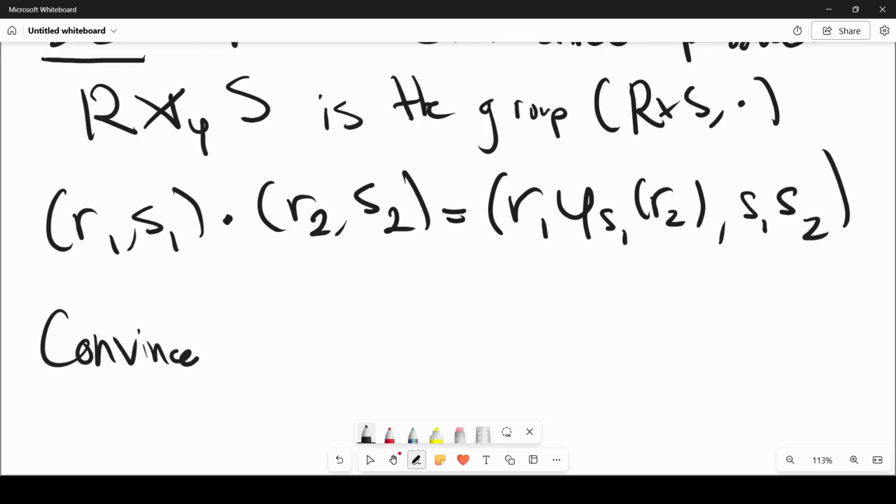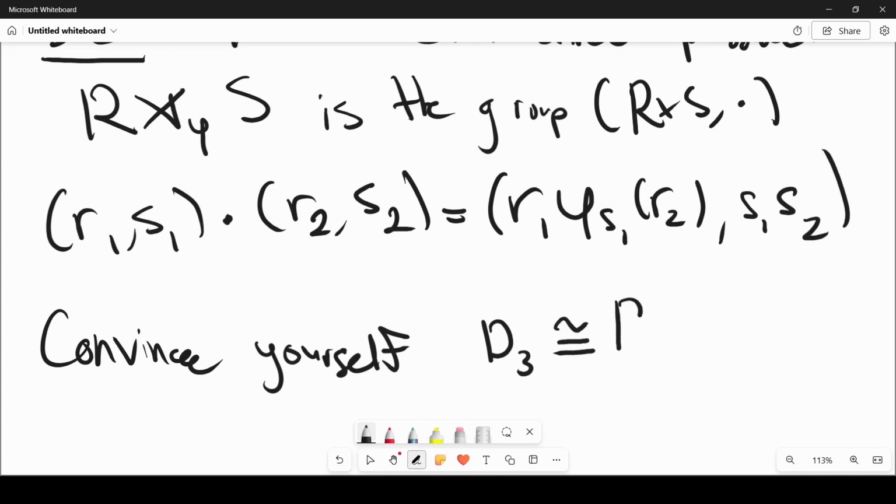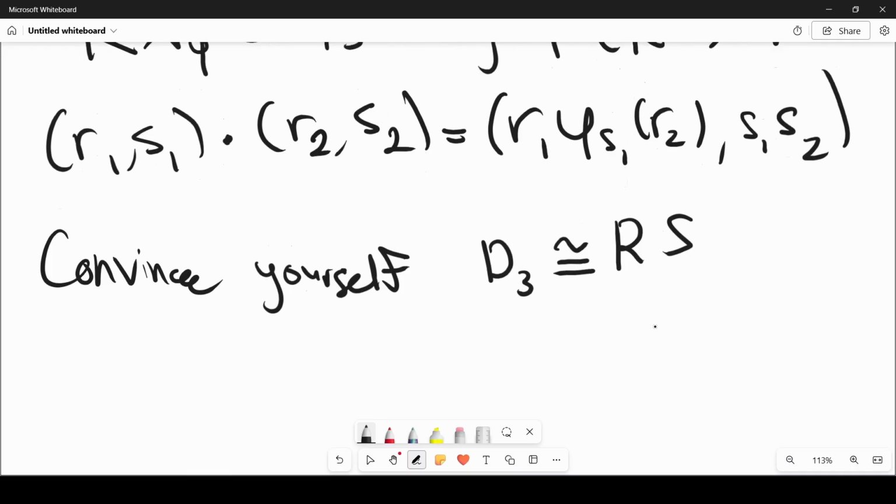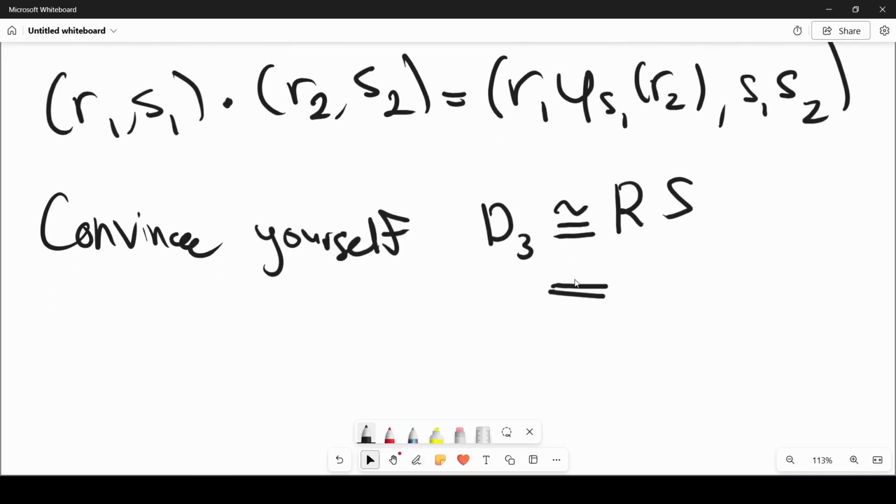that D3 is isomorphic to RS, which is isomorphic to our semi-direct product.